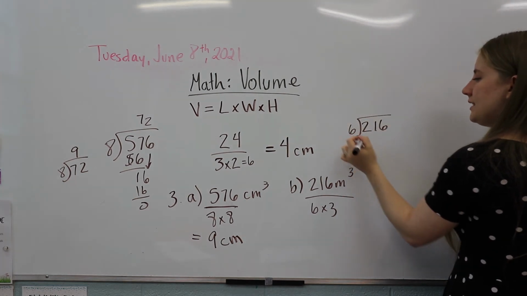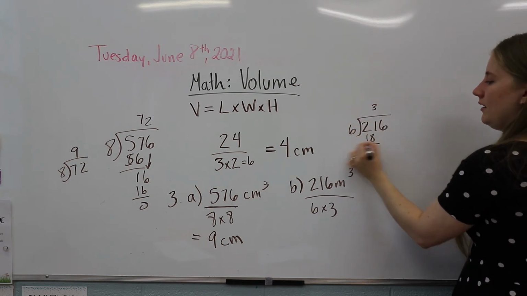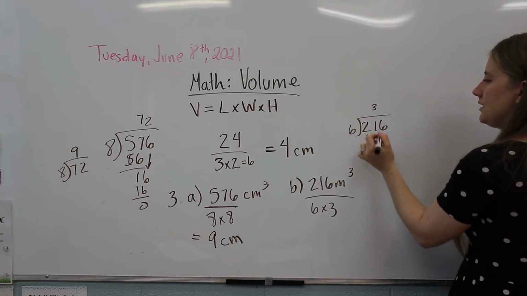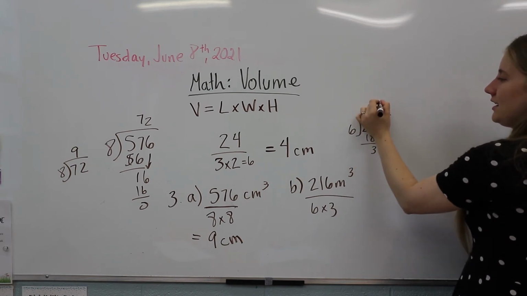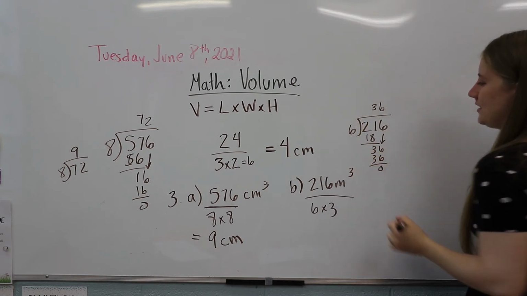We can do 216 divided by 6, okay? 6 fits into 21 3 times with a value of 18. So there's 3 left over, and 6. 6 fits into 36 6 times, okay? And that zeroes us out.